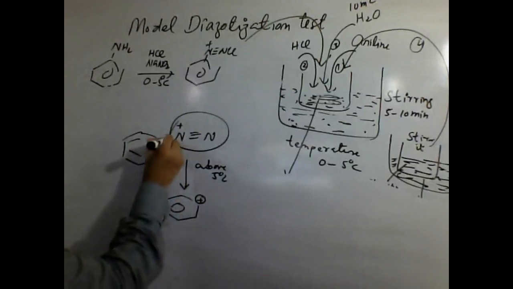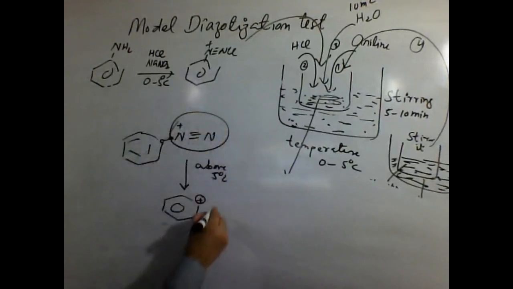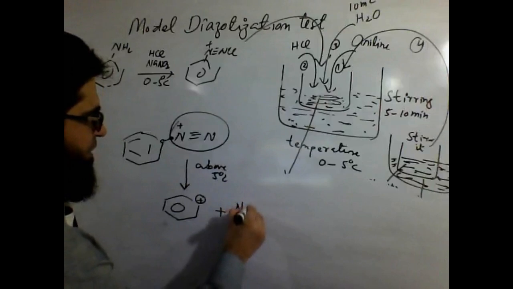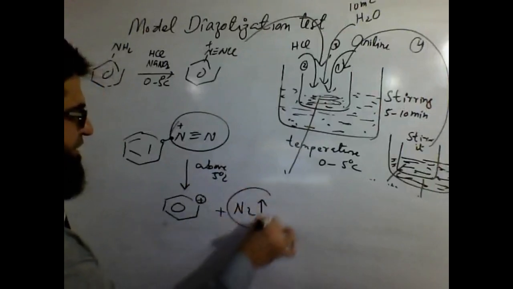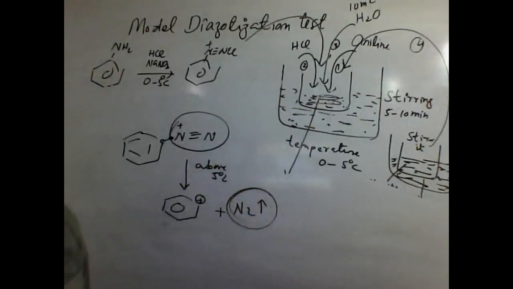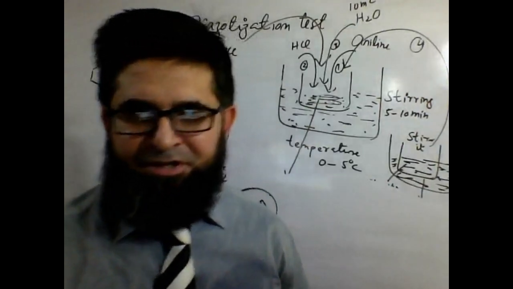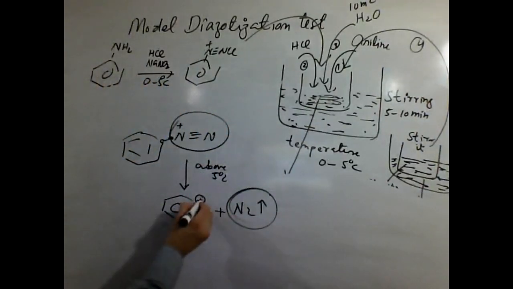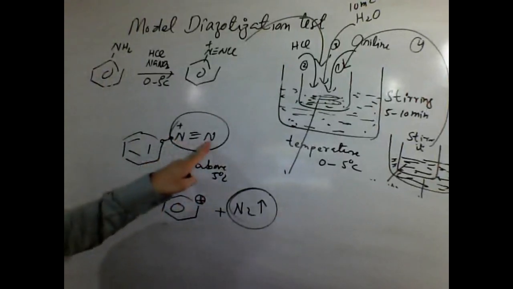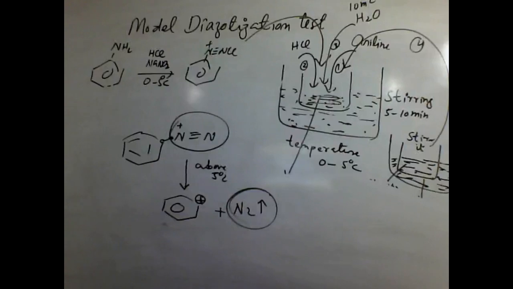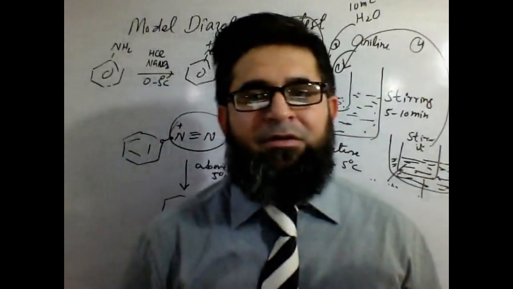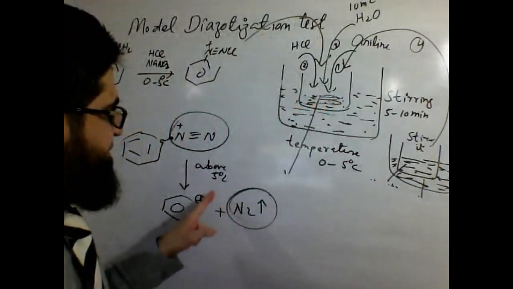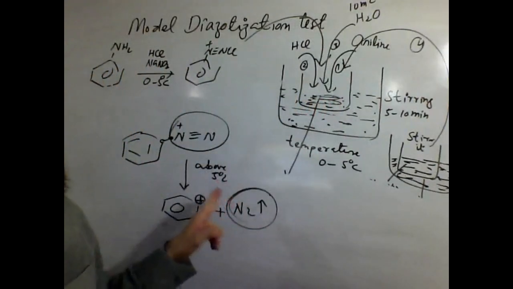It takes away the electrons from here in the form of nitrogen gas that evolves from the mixture in the beaker, leaving behind benzene with a positive charge, as no more electrophilic nitrogen is available once the temperature rises above 5 degrees.